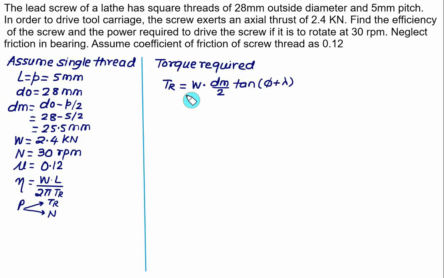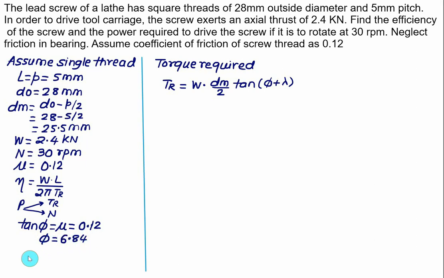This time the torque required will be simply W into dm by 2 into tan of phi plus lambda. First we require here the value of phi. We have tan phi equal to mu, and we have the value of mu equal to 0.12. Take tan inverse and find out the value of phi. So we have friction angle phi is equal to 6.84 degrees.